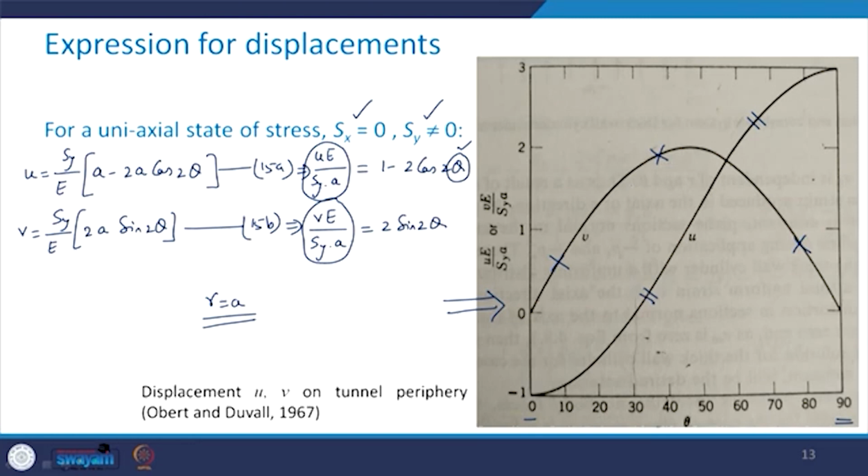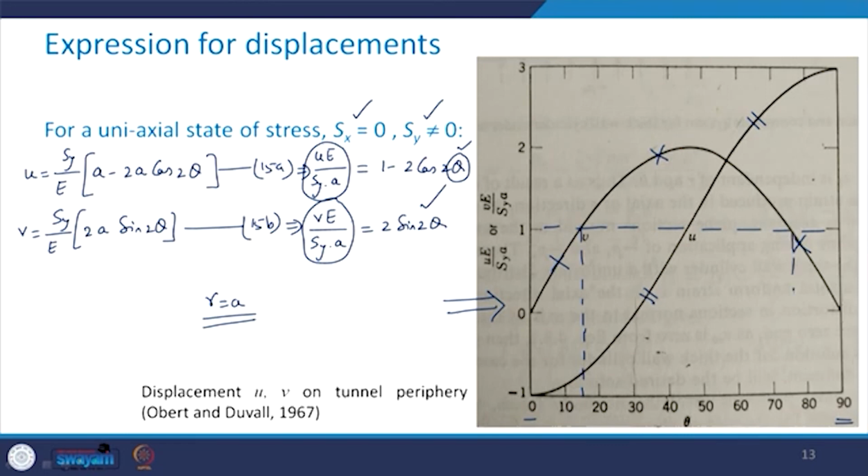Some typical values which you can take: let us say theta equal to 15 degrees. Just substitute theta equal to 15 degrees and see what you get. The value of v will work out to be 1.